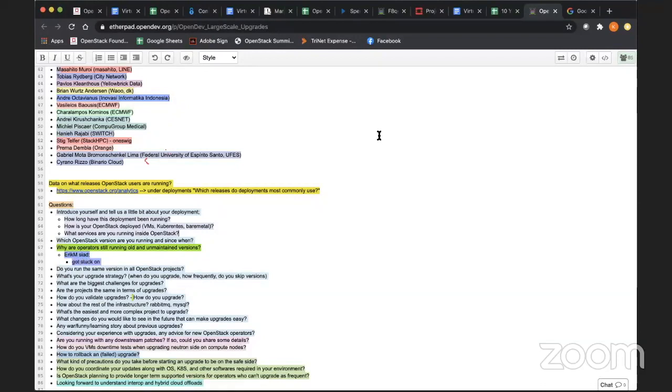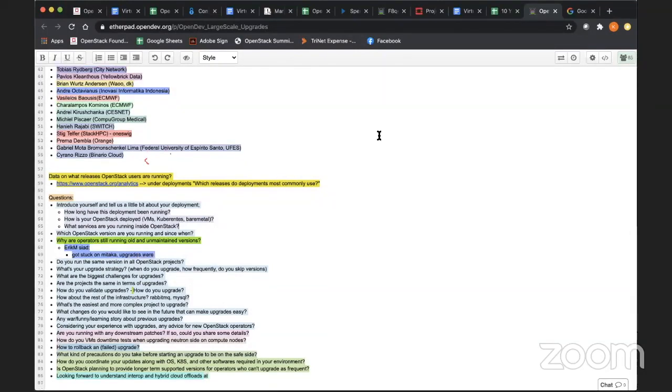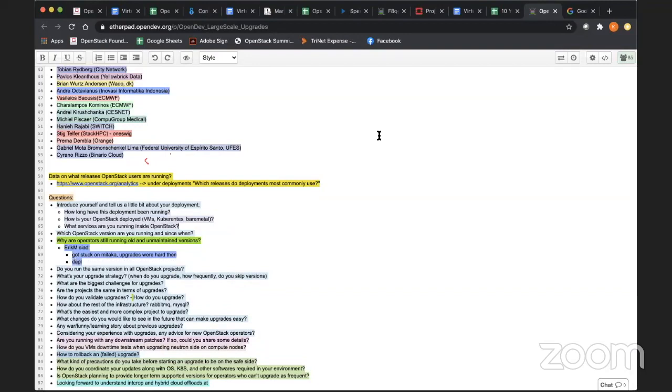It was originally called skip level upgrades, and that was termed an evil term because we're not really skipping, you're just kind of passing through quickly. But that didn't used to be a practical option, and now in many deployment tools it has become that way.